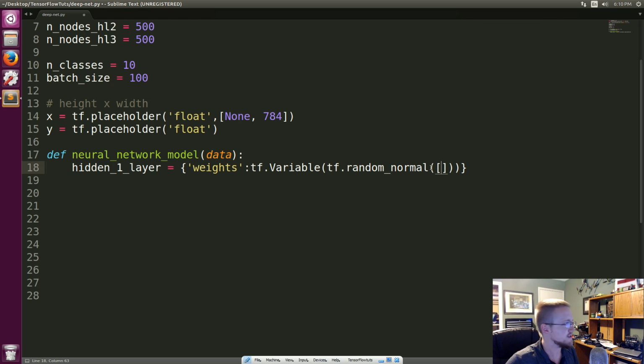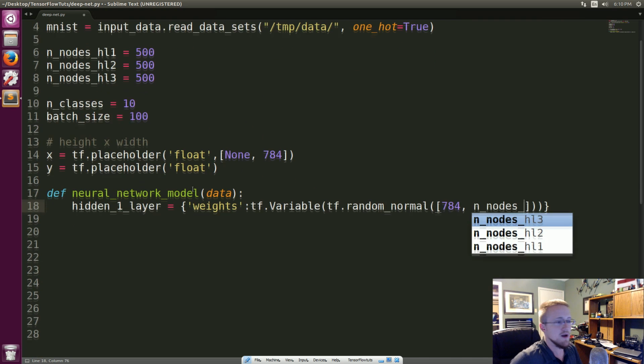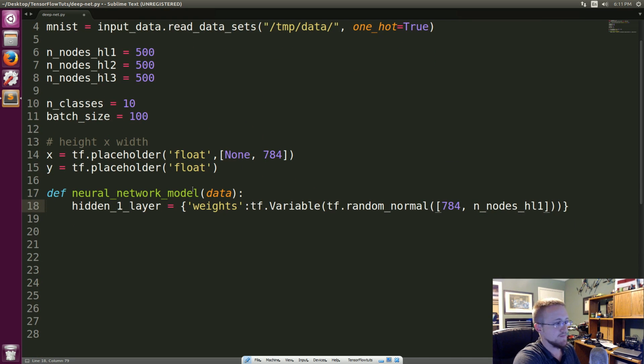So for the weights, for example, it'll be 784 by the number of nodes in hidden layer 1, HL1. Those are all of your weights.